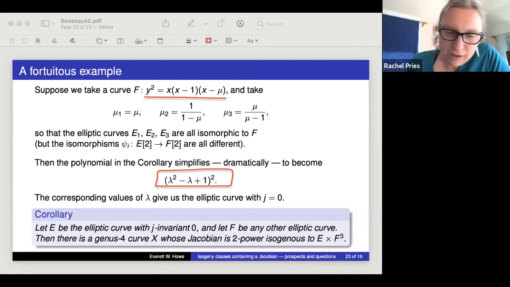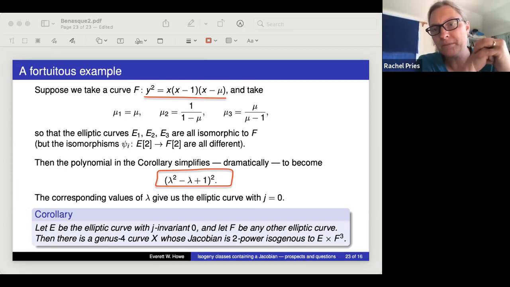I don't know. Darren Glass and I, a long time ago, this is not really answering your question directly, but we looked at these fiber products of elliptic curves and saw similar things, being able to produce curves with large a-number in that sense.